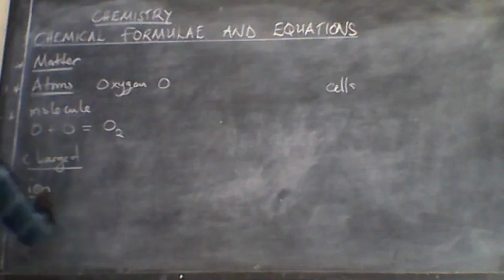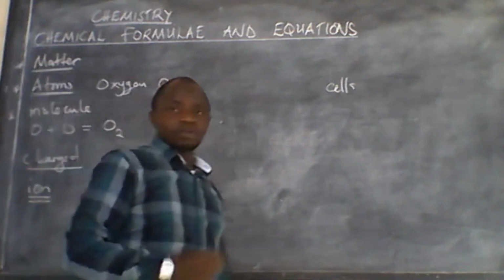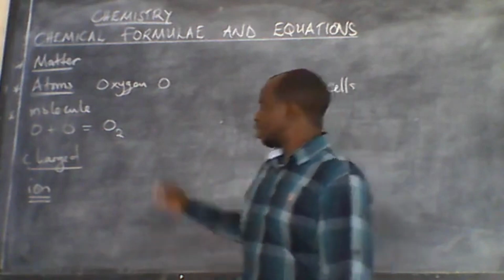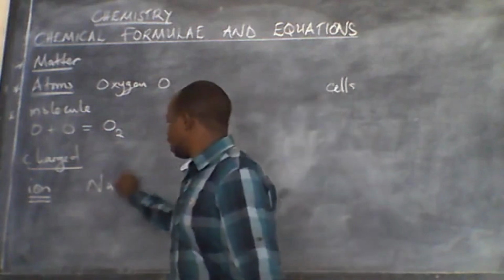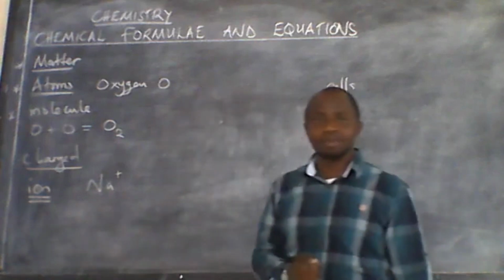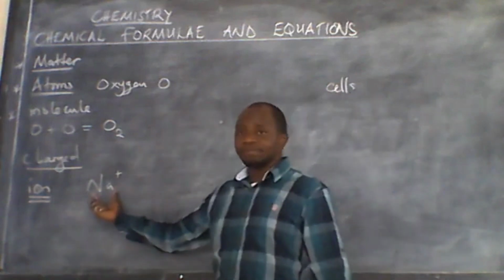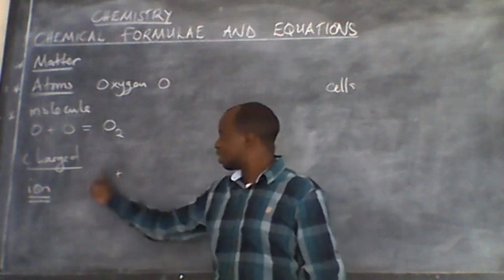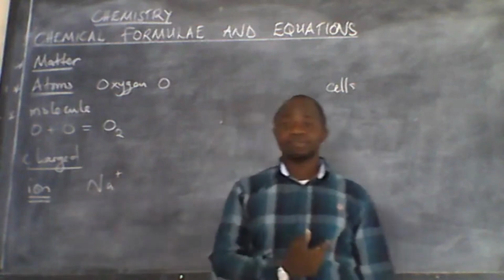I think you've heard of this word before. So when we say ion, we mean a charged atom. For example, we can have sodium with a plus, which means it is charged.